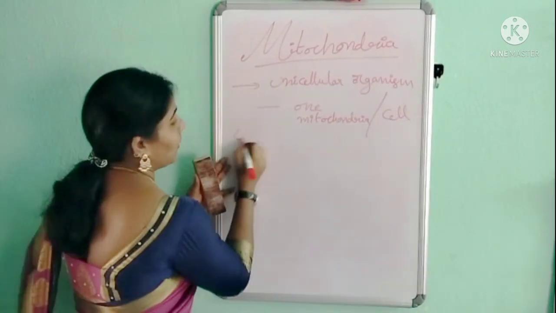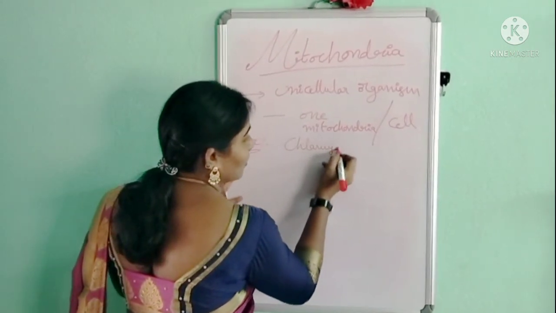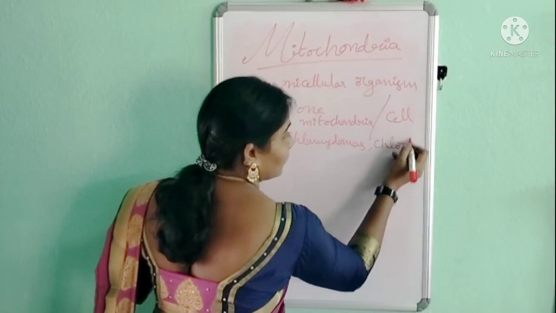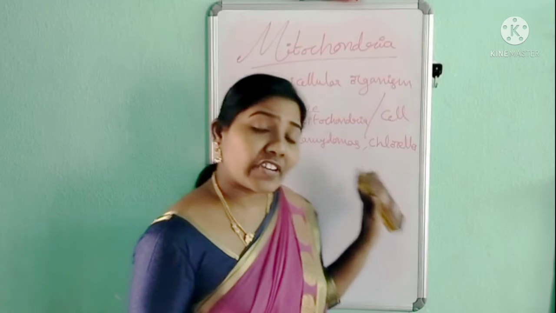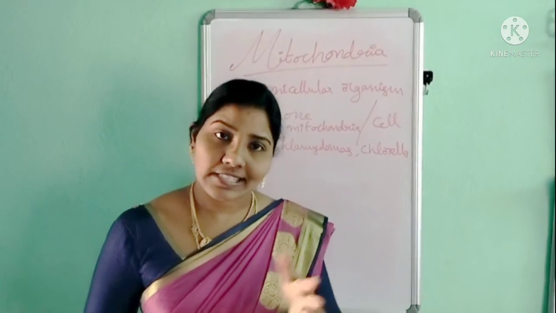For example, chlamydomonas and chlorella. These are examples of unicellular organisms, and they have mitochondria in a single form.